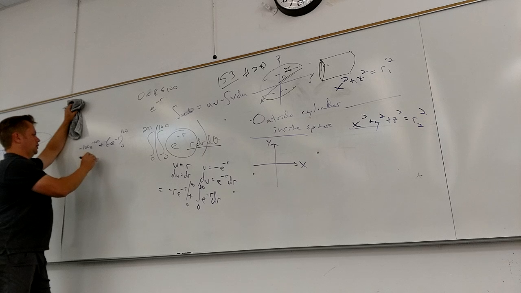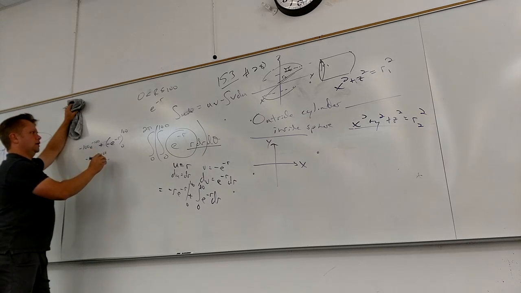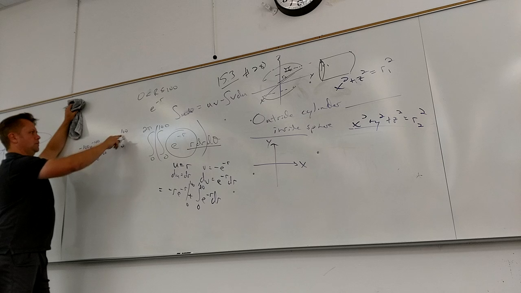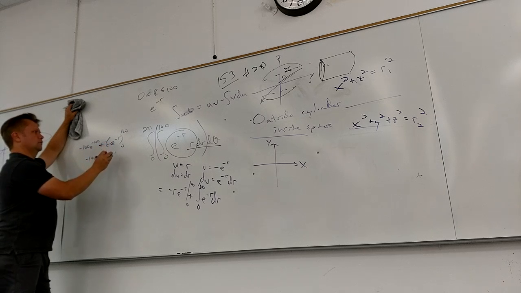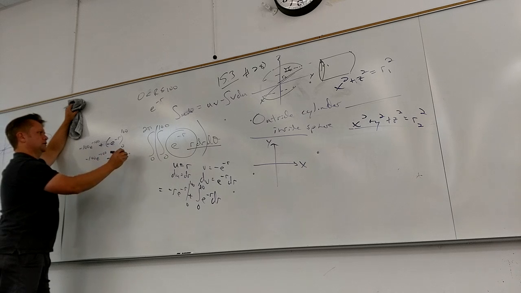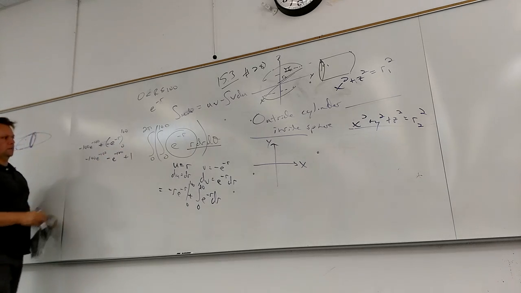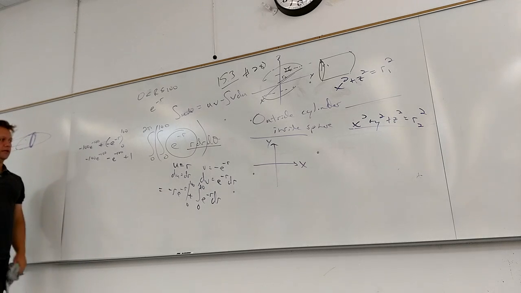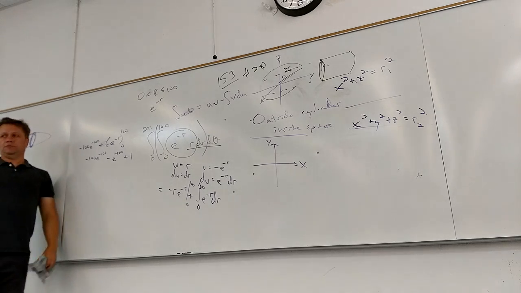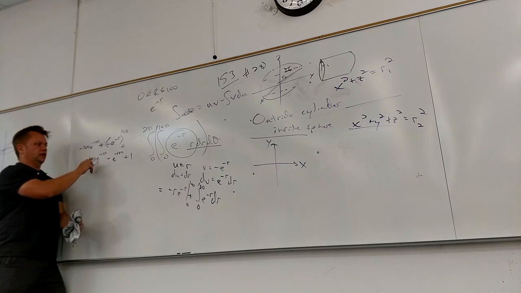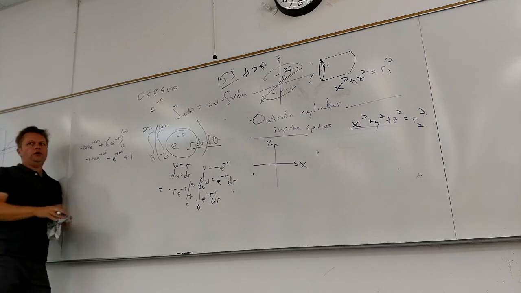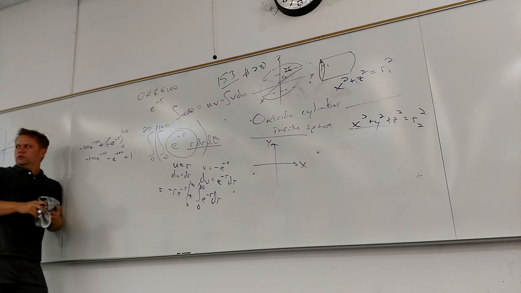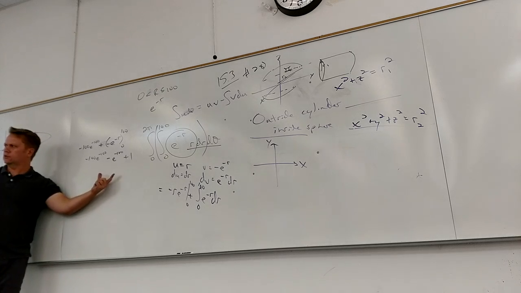So it'll be negative 100 e to the negative 100 minus e to the negative 100 plus 1. I mean, at least that's positive. I'm really sure that e to the negative 100, even multiplied by 100, is still way smaller than 1. So, is that the answer you got? All right.